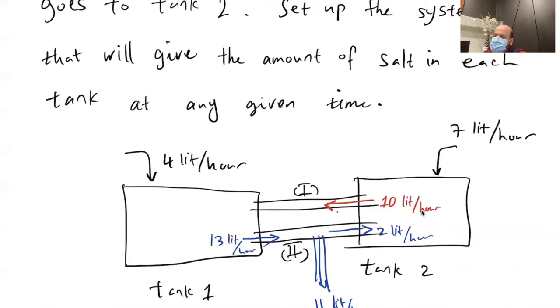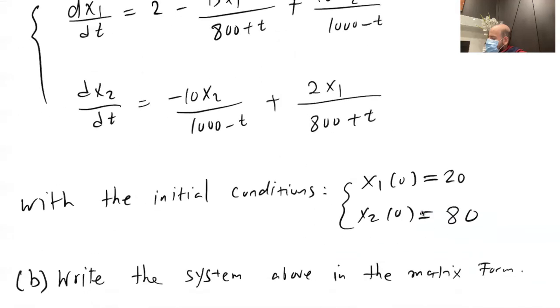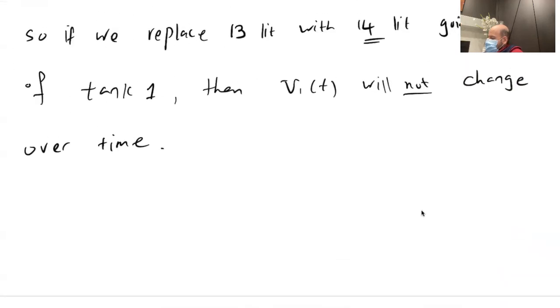And after 1 hour or after 2 hours or after t hours, the amount of salt water remains 800 liters. The volume will become constant, unchanged. And we will have V1 of t equals 800.